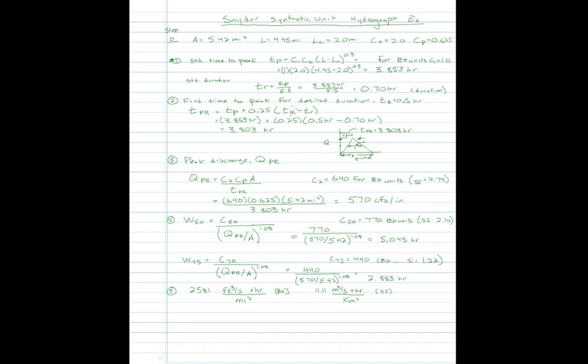In this case, we're working in the traditional units, and so the equation that we're going to have is T sub B is 2581A divided by QPR minus 1.5 W50 minus W75. 2581, 5.42 miles divided by 570 CFS per inch, which we previously determined, minus 1.5, 5.045 hours, and 2.883 hours.